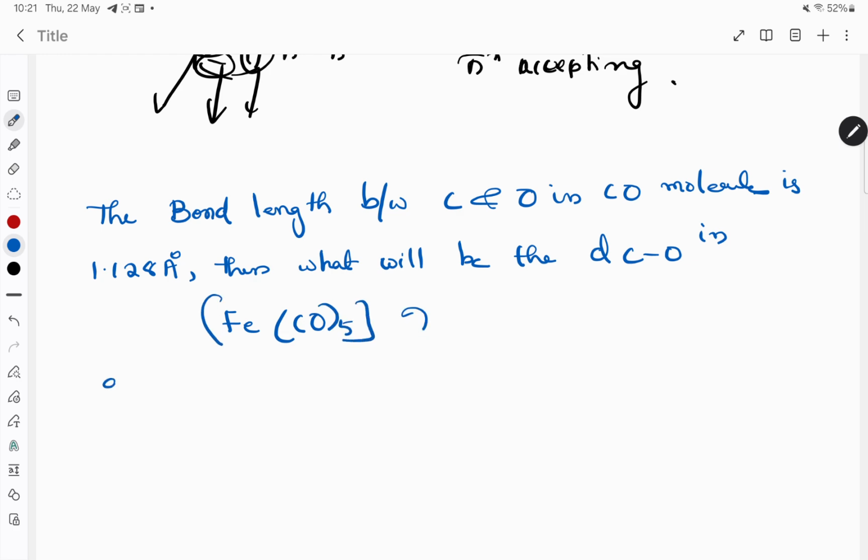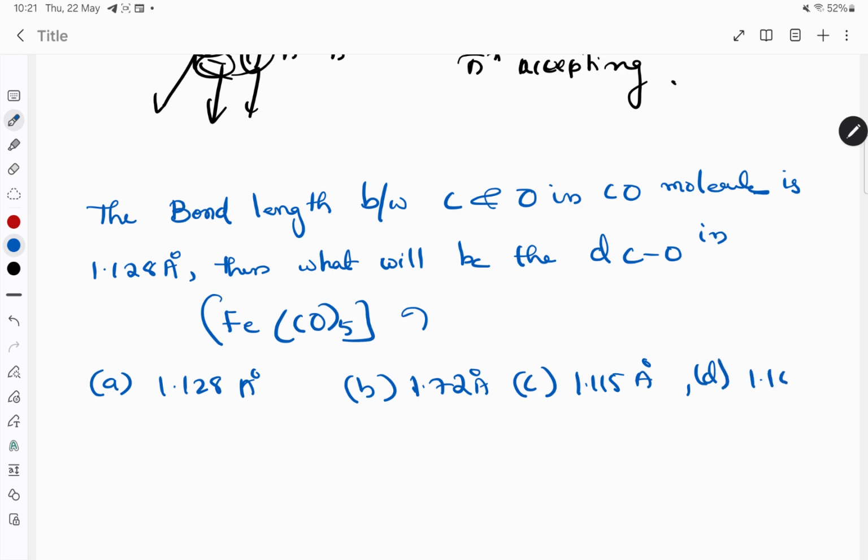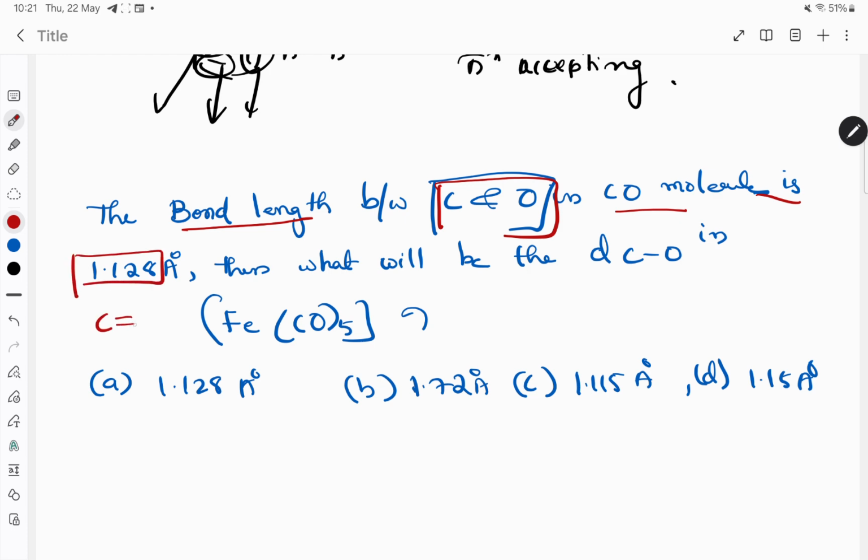Option A 1.128 angstrom, option B 1.72 angstrom, option C 1.115 angstrom, and option D 1.15 angstrom. Let's solve this. In a normal CO molecule, the bond length is about 1.1. What will happen here? The metal is there, so the metal can back bond to this one.